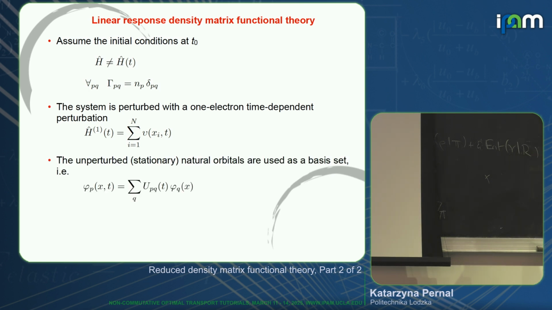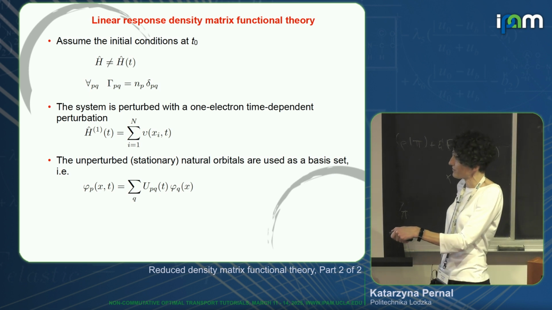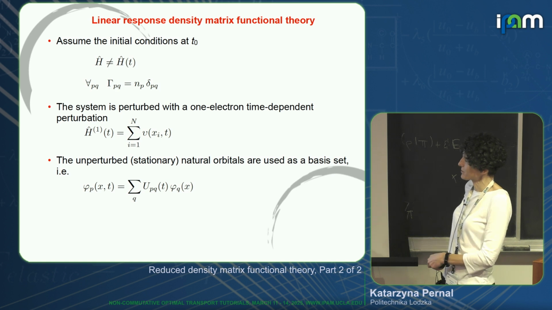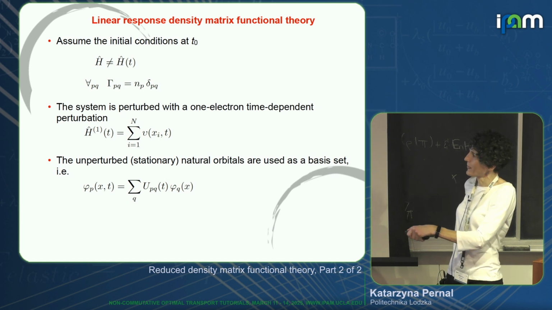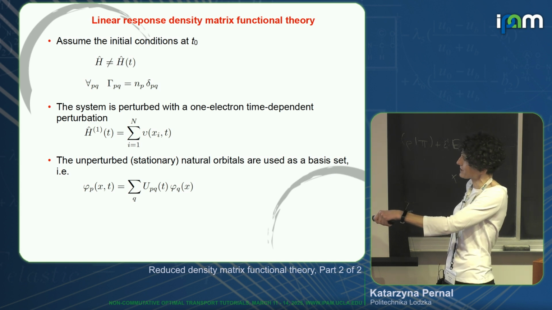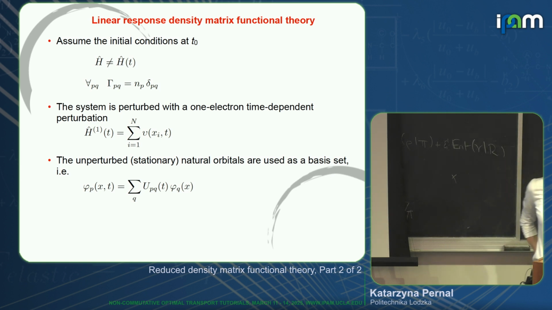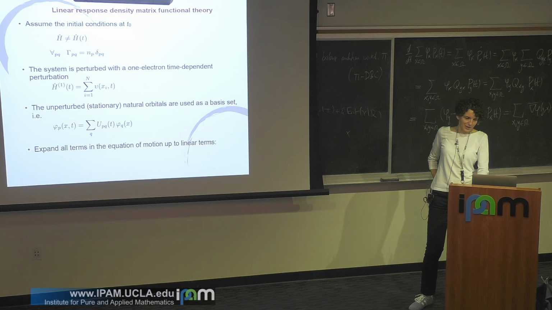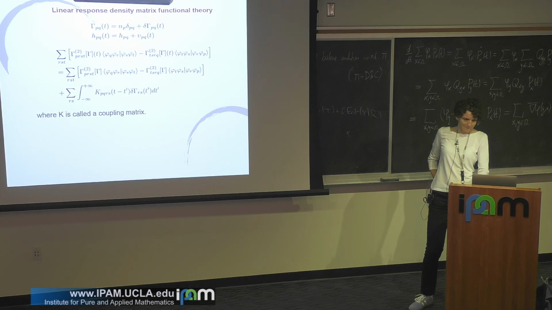We also have to assume a basis set, so those orbitals phi are time-independent orbitals, that's our basis set. The time-dependent natural orbitals are given by a time-dependent unitary transformation. Then we go back to the time-dependent equation for the one-electron density matrix, and we expand both the left and right-hand side up to the linear terms.